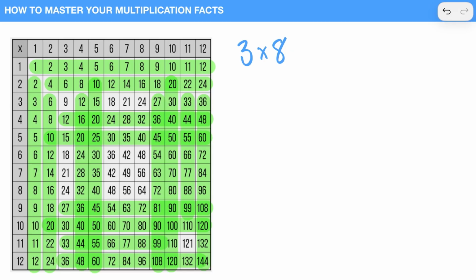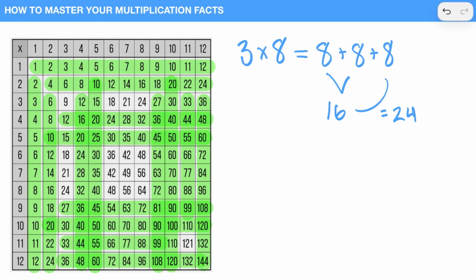If I'm considering 3 times anything, addition in my head is sometimes easier than multiplication. So it might be to your benefit, instead of doing 3 times 8, to do 8 plus 8 plus 8. 8 plus 8, that's 16. Add a third 8, and you get 24.